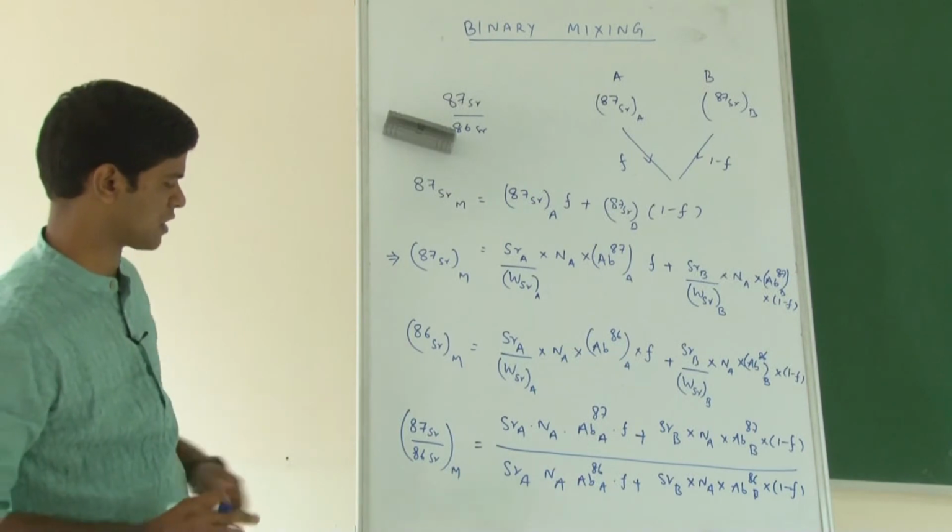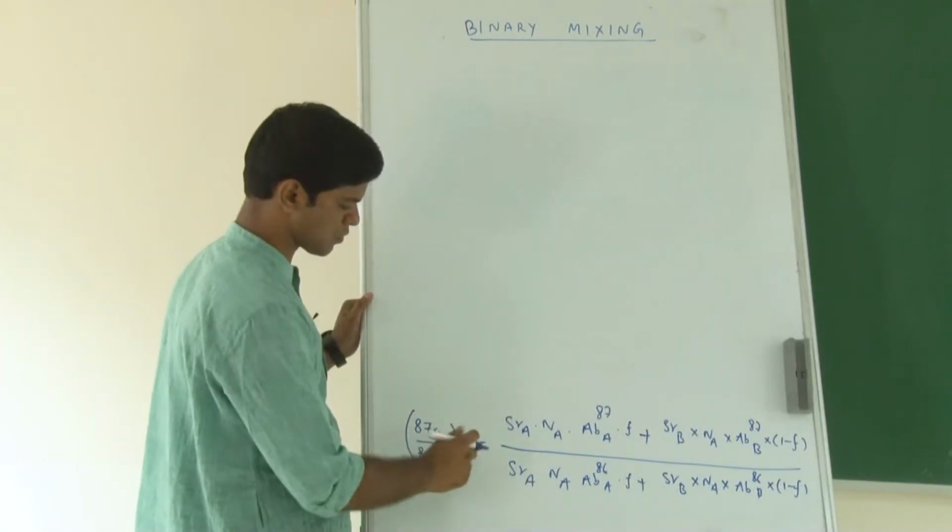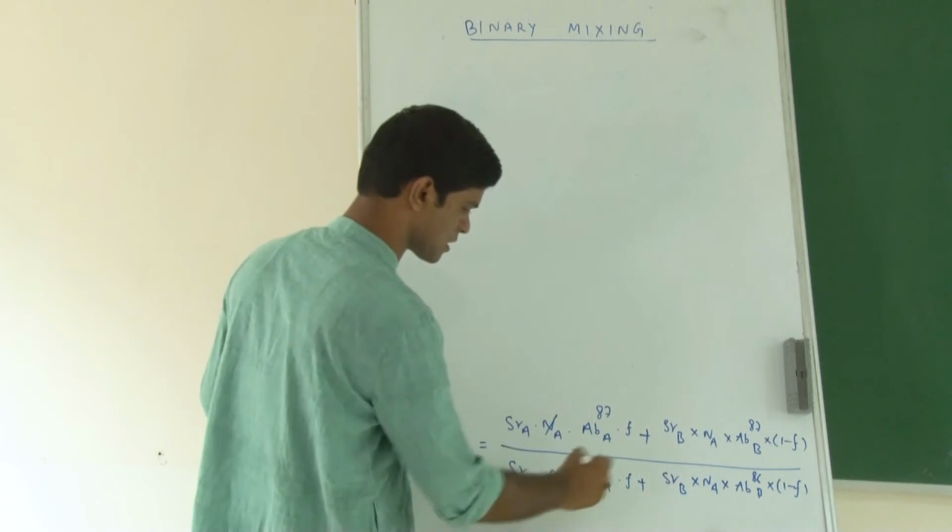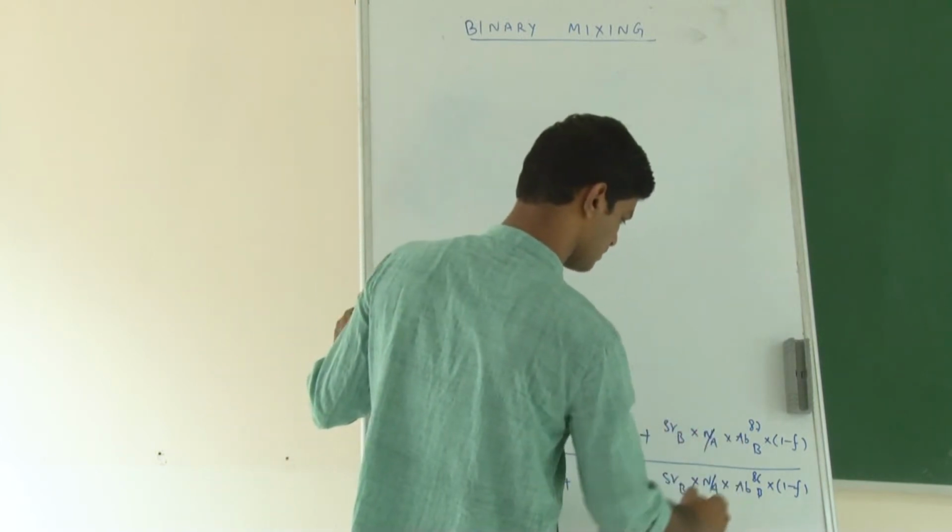So, you will have this expression. We will rearrange this further. So, these Avogadro's numbers cancel out.